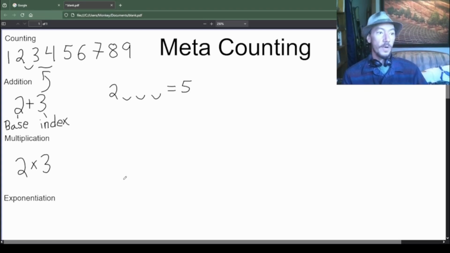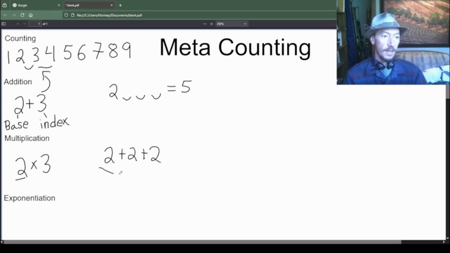Well, same pattern. What is that? Multiplication is just repeated addition. So we have the same notion of a base that we start with, and the number 3 tells us to do the previous operation, adding, a total of 3 times. So I want to add 2 to itself a total of 3 times.